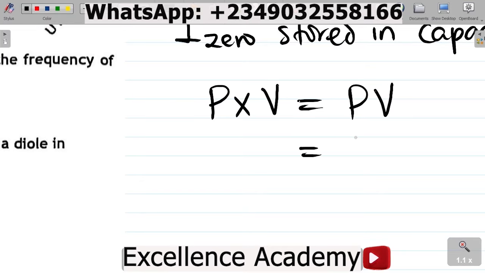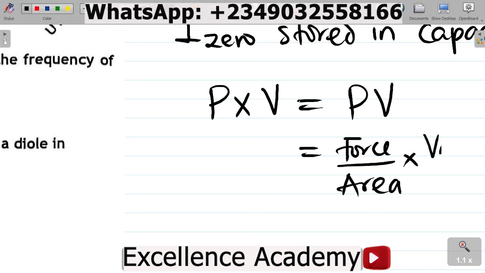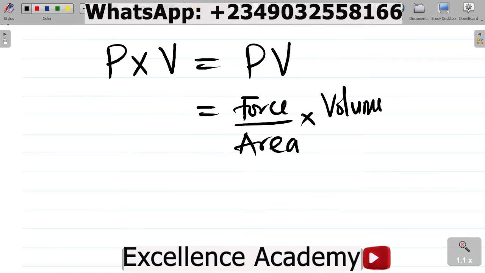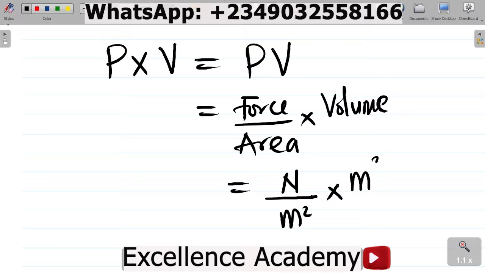We know that pressure is equal to force over area, right? Times V, which is volume. Let's bring in the SI units. This is equal to force in Newton over area, measured in meter squared, times volume, measured in meter cubed.